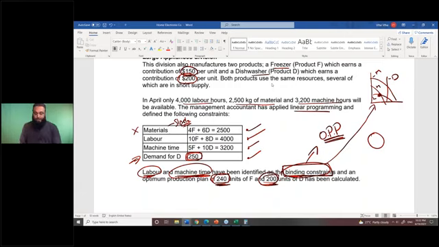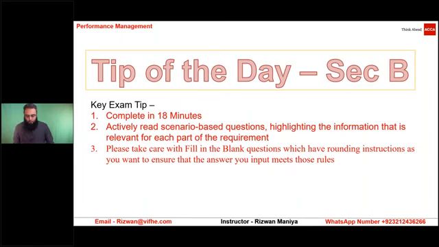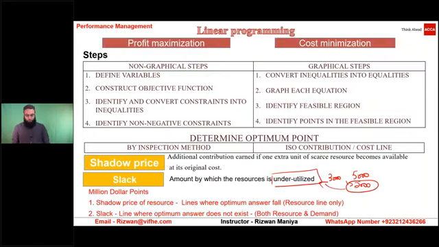So the other two lines where the optimum answer is not available, there will be slack. So whenever, remember, the lines where the optimum answer falls is where the shadow price will be available and slack will not exist. So see here, lines where the optimum answer falls, you can work out the shadow price.